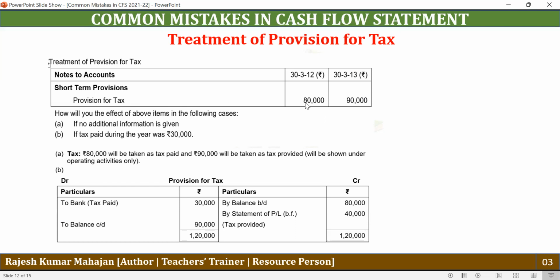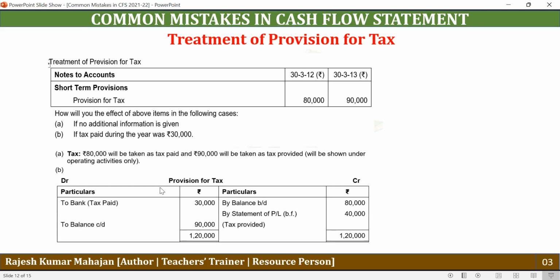Provision for tax is part of liability, and a liability always has a credit balance. So first we will write the opening balance on the credit side, by balance b/d 80,000 rupees. And we shall write the closing balance on the debit side, to balance c/d, that is 90,000 rupees. Then after this, we shall consider the adjustment, which is tax has been paid, 30,000.